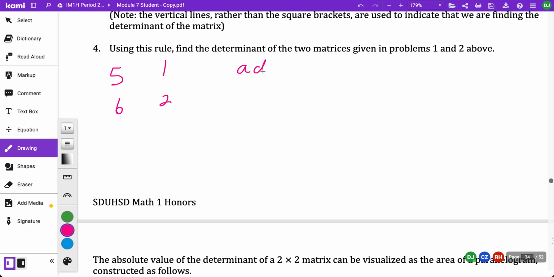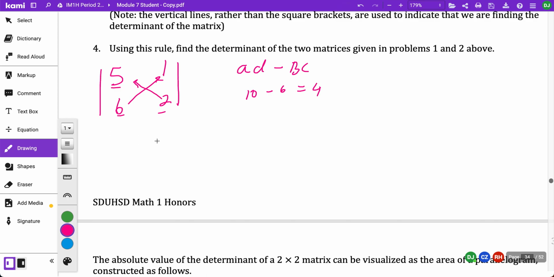Remember, it is A times D minus B times C. This is A, B, C, D. We take this 2 and multiply it by the 5, and this gives me 10. We take this 6 and multiply it by the 1, and that gives me 6. So the determinant for matrix 1, and we put these bars so we know we're talking about the determinant, equals 4. If I ever asked you for the determinant of matrix 1, you would say it's just 4, because AD minus BC is equal to 4.